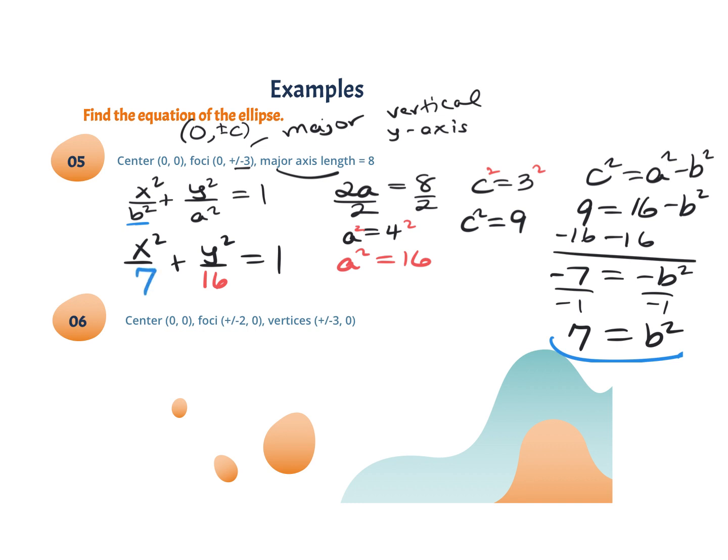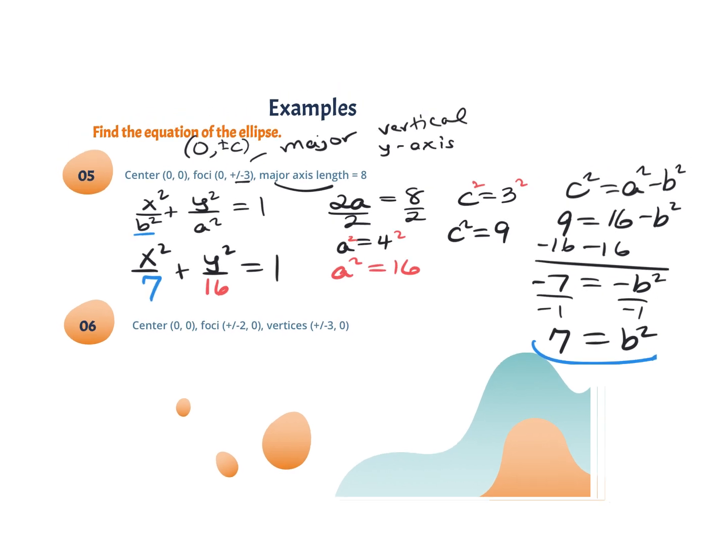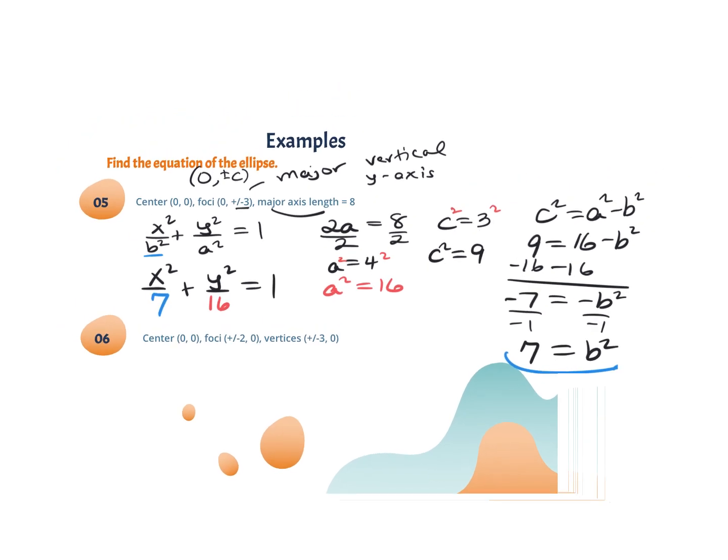So on this one, I really didn't need to give myself a visual, but if it helps you, go ahead and graph what was given. So they gave me the center at 0, 0. They gave me my 2 focus points at positive 3 and negative 3. So 1, 2, 3, 1, 2, 3. So here's my focus points.